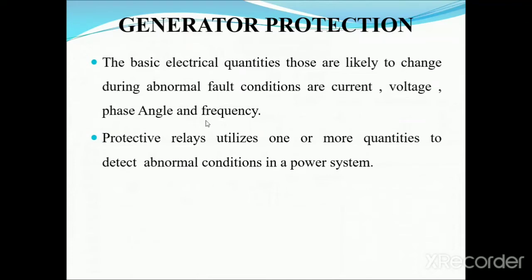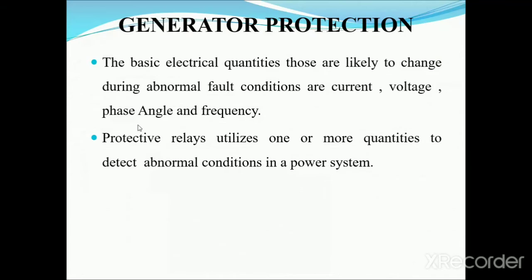Okay, the basic electrical quantities that are likely to change during abnormal fault conditions are current, voltage, phase angle and frequencies. Normally in the case of a power system, these electrical quantities change: current, voltage, phase angle and frequencies. The protective relays utilize one or more quantities to detect abnormal conditions in the power systems.